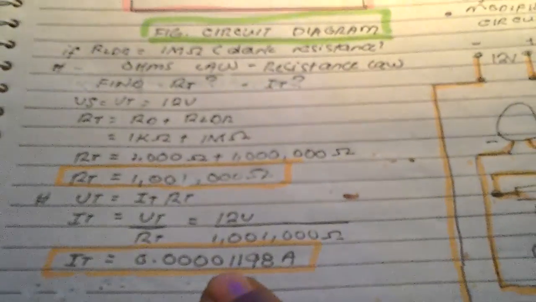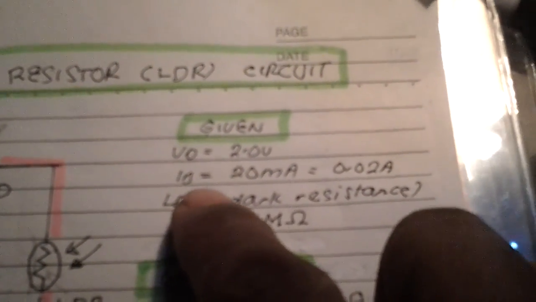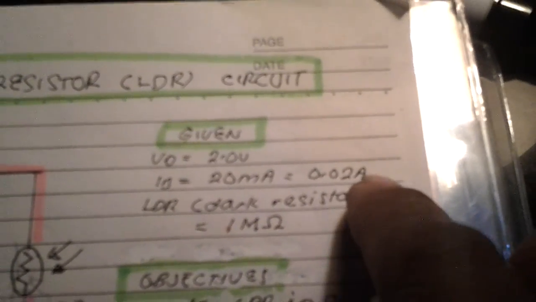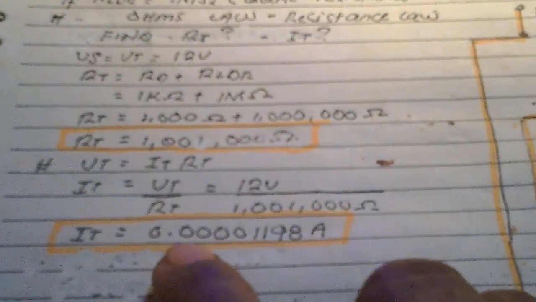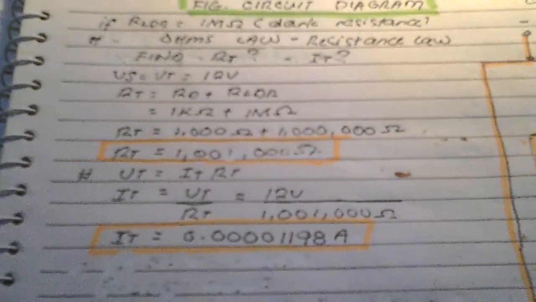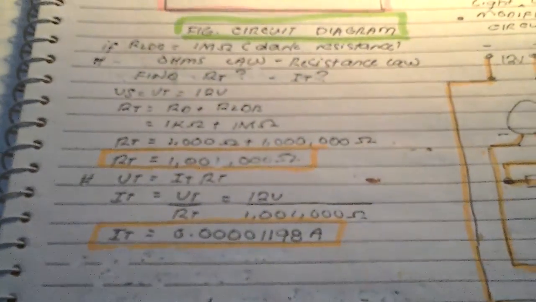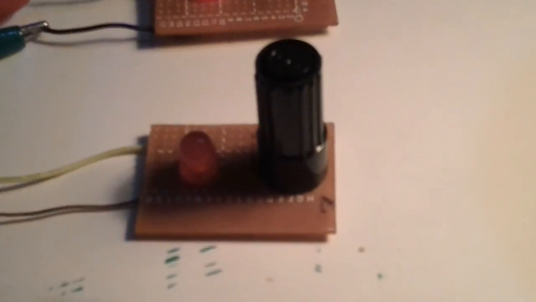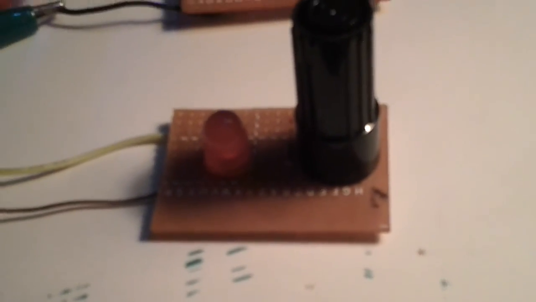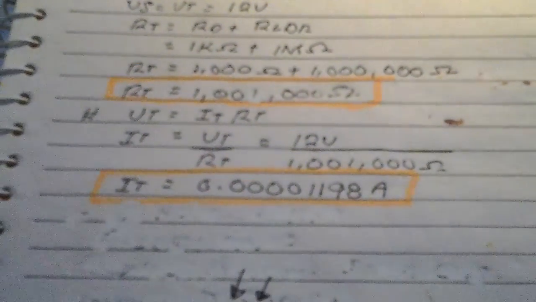And this is not enough to turn on the LED because the current rating of the LED to turn on is 0.02 ampere or 20 milliamperes. But here we have 0.0000. Almost shorted, I think, or still there is a little light here, or I think it's not totally off because there's still a current flowing here.